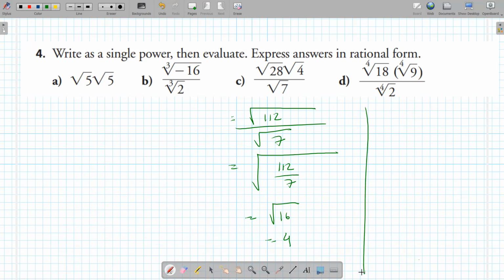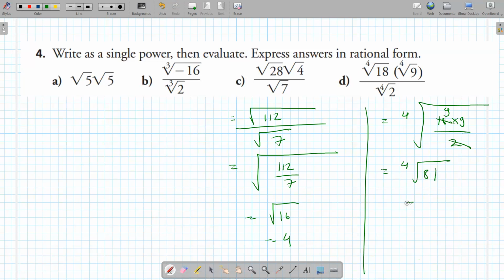Same idea with D. They have the same indexes, right? This bracket being here makes absolutely no difference. With or without that bracket, the question and the answer will be exactly the same. What we're going to first do is we're going to combine everything into one big root 4. Becomes 18 times 9 divided by 2. 2 goes into 18 9 times, so we have the 4th root of 81.